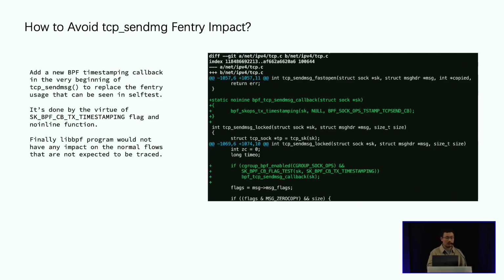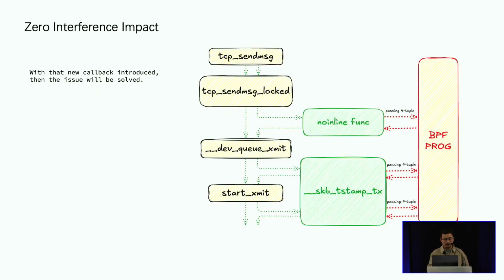And how can we avoid this fentry impact? Of course, we can insert a new timestamping callback here, and then it will look like this. So the normal flows, the unmatched flows, will not go into those green boxes, and they will work normally as before.